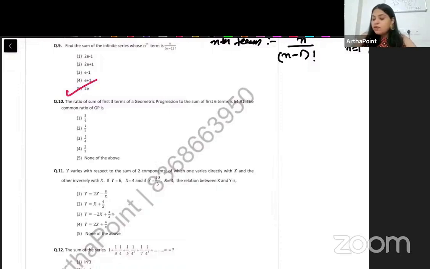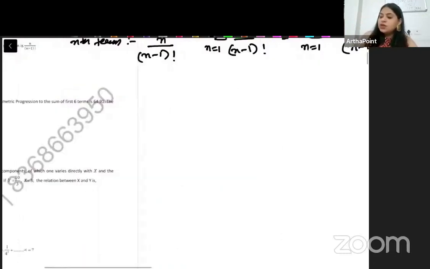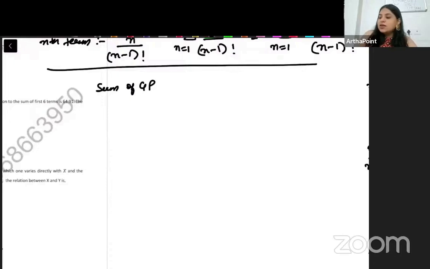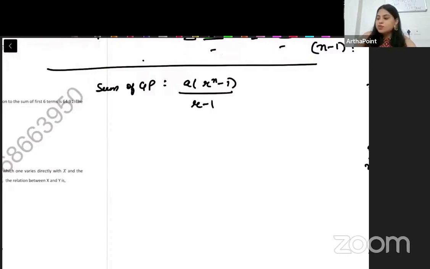The ratio of the sum of the first 3 terms of a geometric progression to the sum of the first 6 terms is 64:91. The common ratio of the GP is? Okay. So we know that the sum of a GP can be given as a(r^n minus 1) upon r minus 1. This is how we write the sum of a GP.